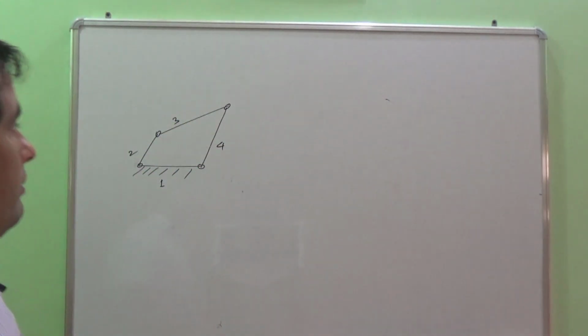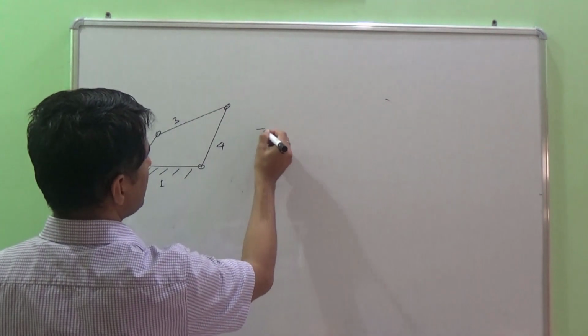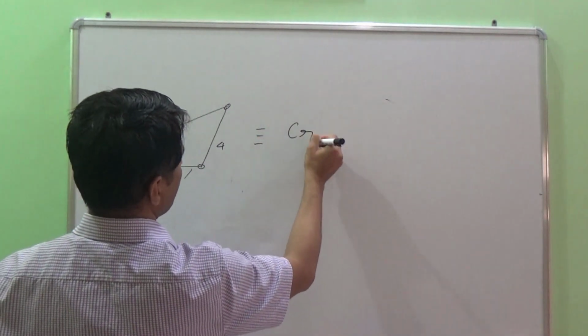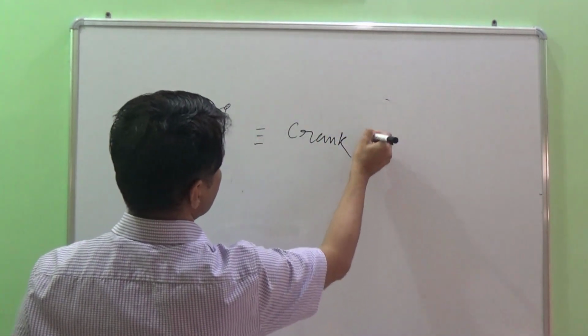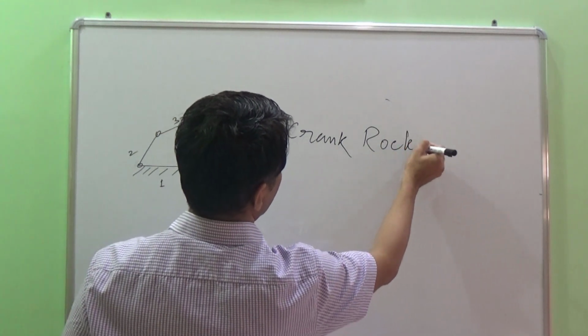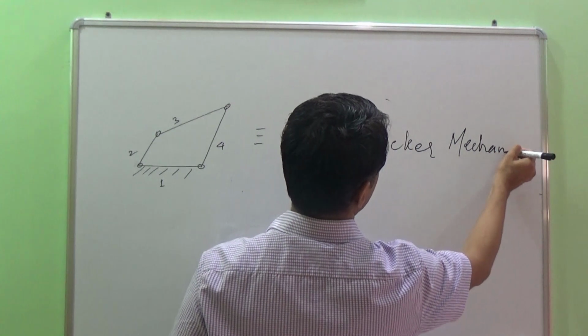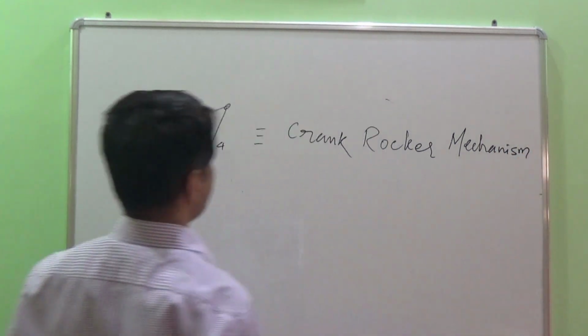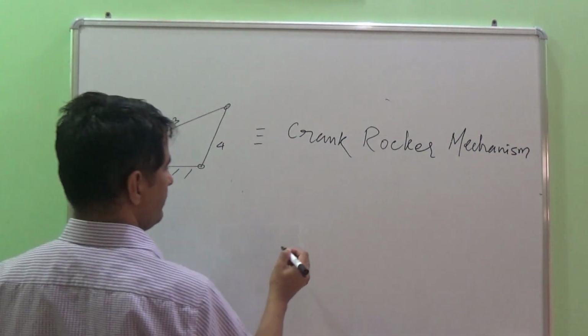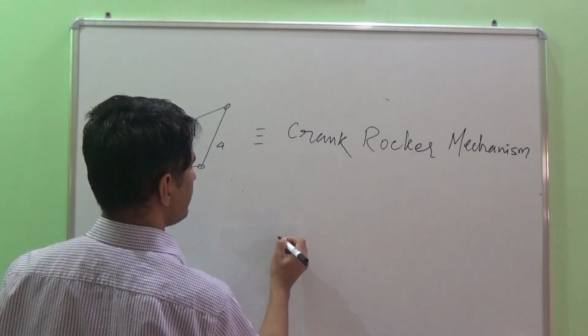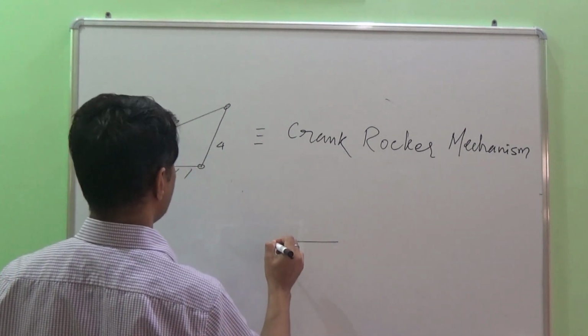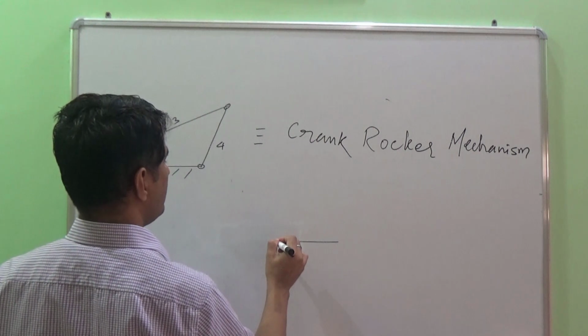So this is the first inversion, and this inversion is called the crank-rocker mechanism, right?